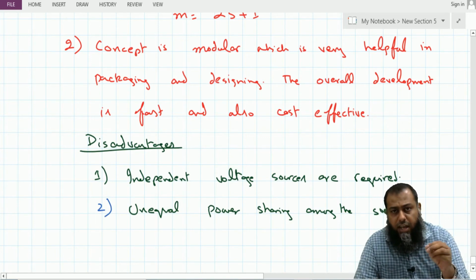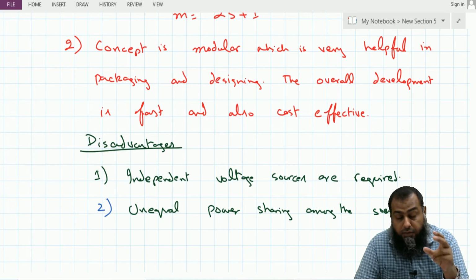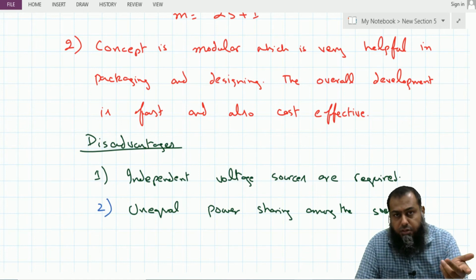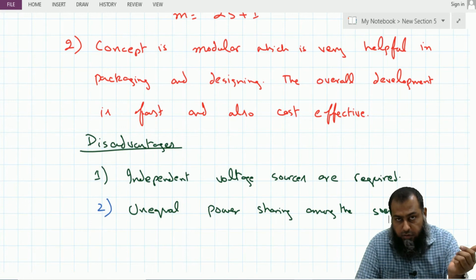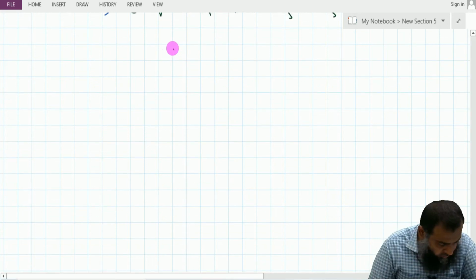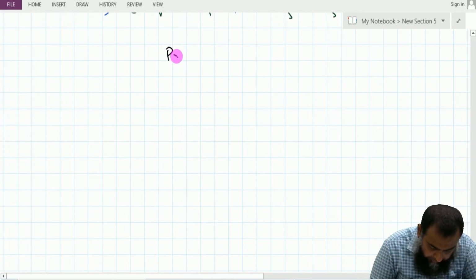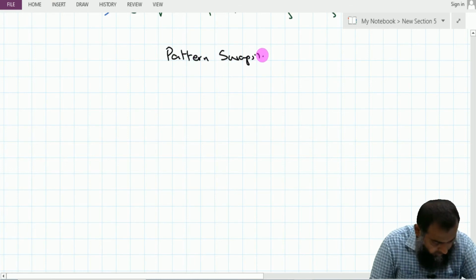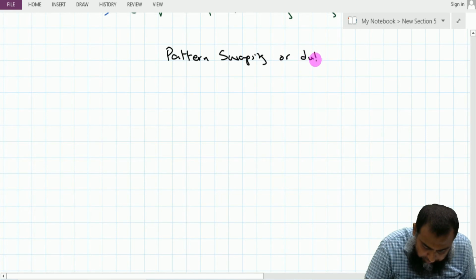Fortunately, researchers have developed techniques for equal power sharing for each of the independent voltage sources used in this series or cascaded connection of cohesive square wave inverters. One interesting solution is known as the pattern swapping or duty swapping method.